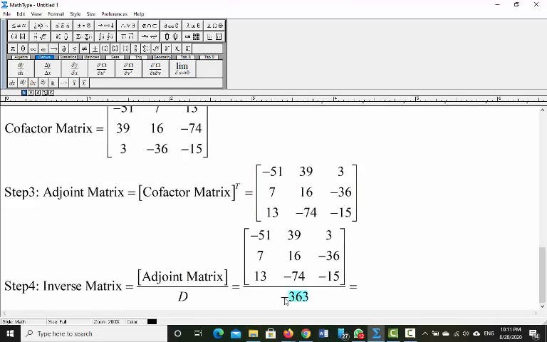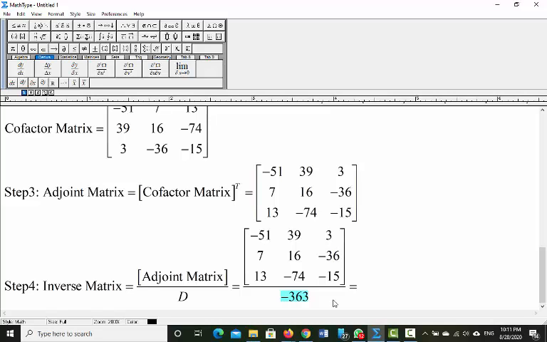So this is again a scalar. This is an isolated number outside the matrix, so we will call it scalar. When you multiply by a scalar, we multiply all the individual elements by that scalar.